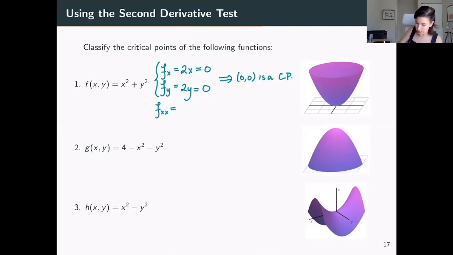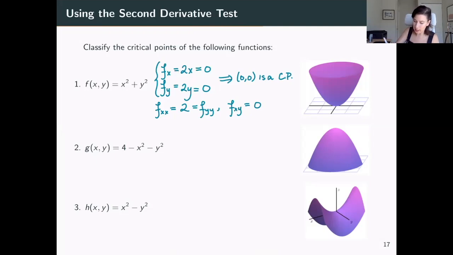This will give me 2, and this will also be equal to fyy. Then finding what f sub xy is, this will be the derivative with respect to y of fx. So that will give me 0, right? I'm taking this with respect to y, so I get 0.